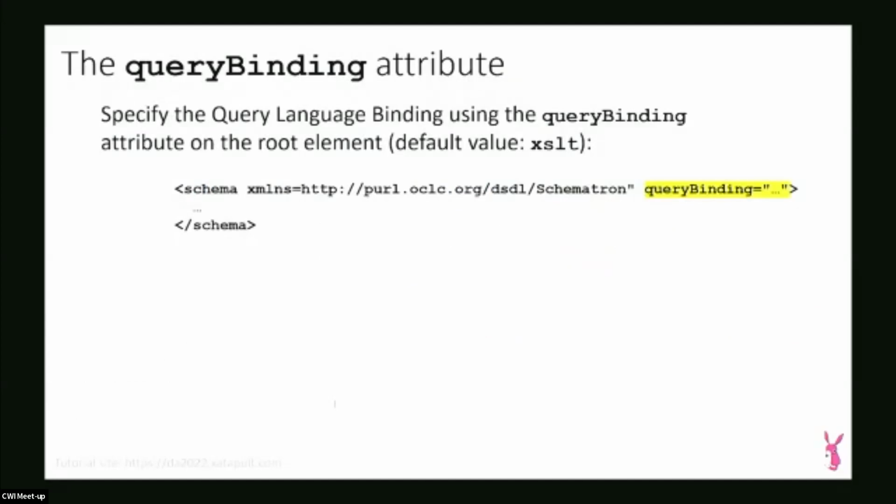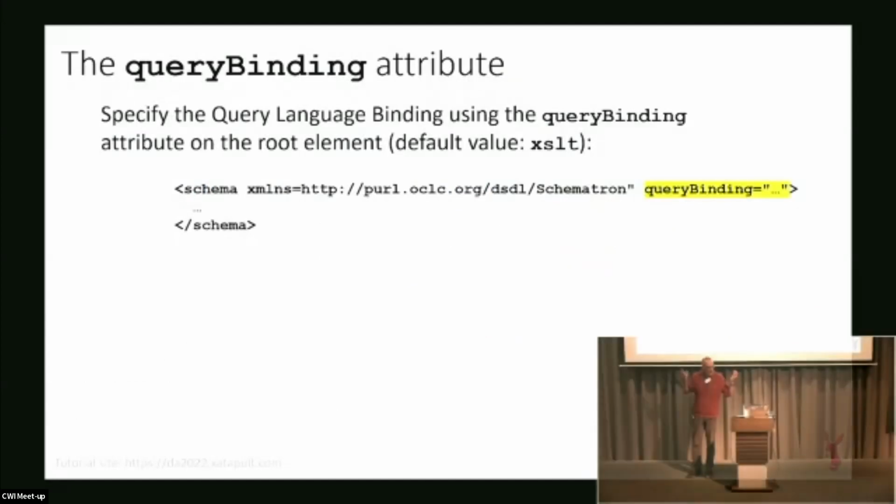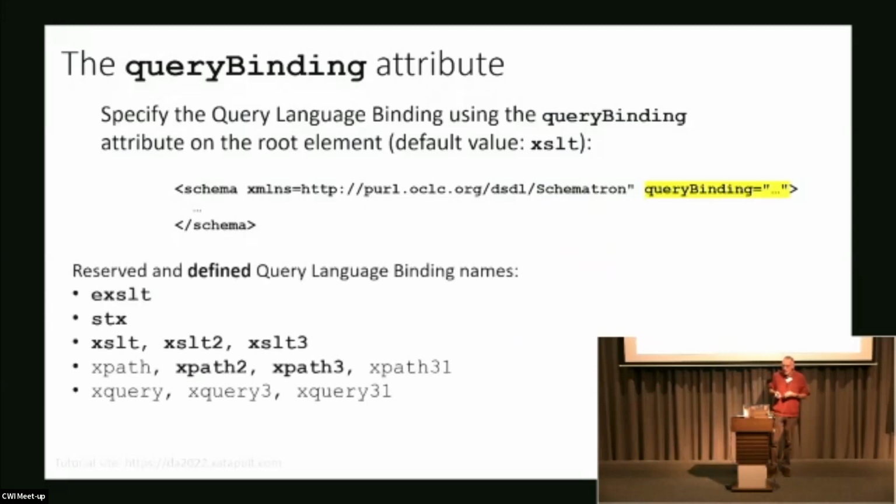So we have a query binding attribute, and it's on the root element, and you say on it what query language binding it should take. There are a number of reserved and, strangely enough, only a few defined query language bindings.